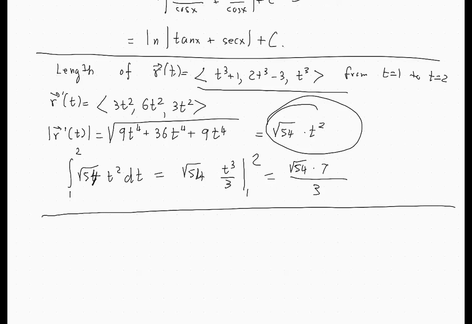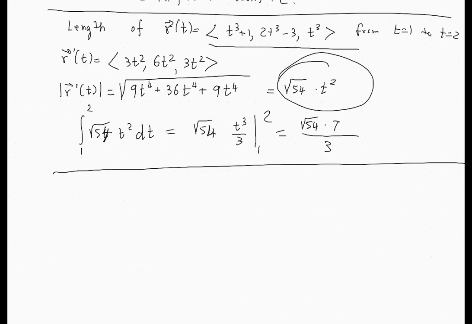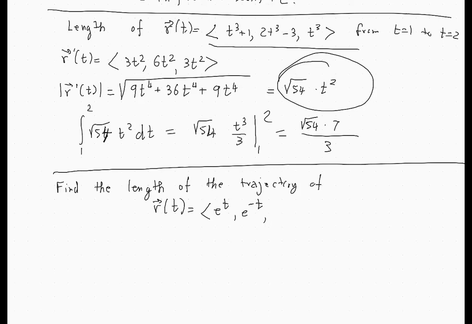So for the second computation, we need to find the length of the trajectory of r of t equals e to the t, comma e to the negative t, comma square root of 2 times t, from t equals 0 to t equals ln of 2, and we want to express the answer in the form a over b.